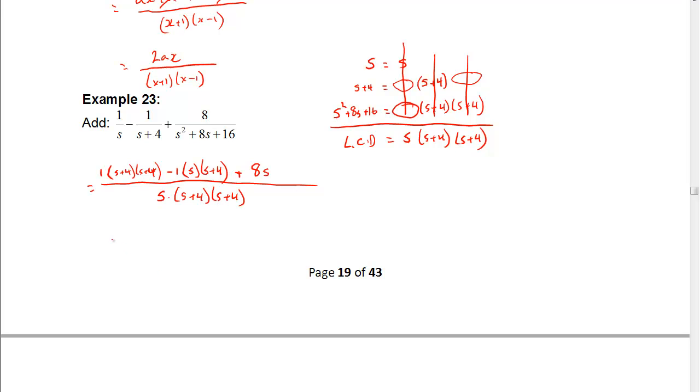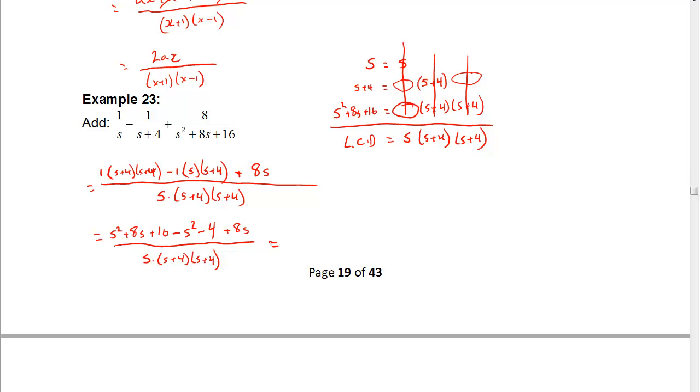So we get that. Now it's just a matter of simplifying. S plus 4 times s plus 4, well, that's s squared plus 8s plus 16, minus s squared minus 4s, when we multiply in with the minus 1 and the s, plus 8s, and that's all over the LCD, which is s plus 4, and s plus 4.